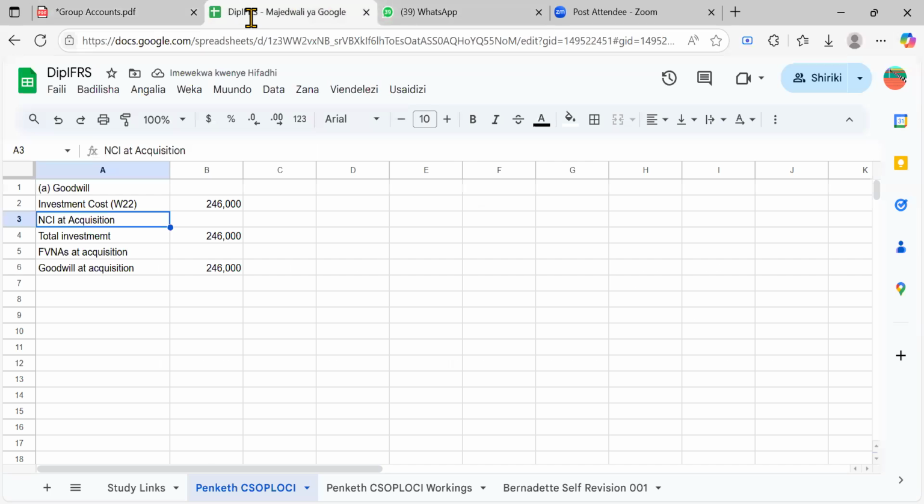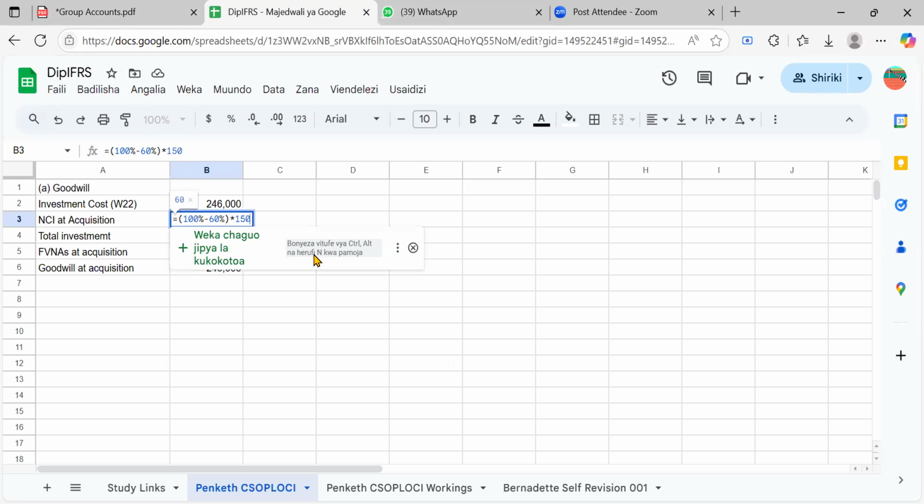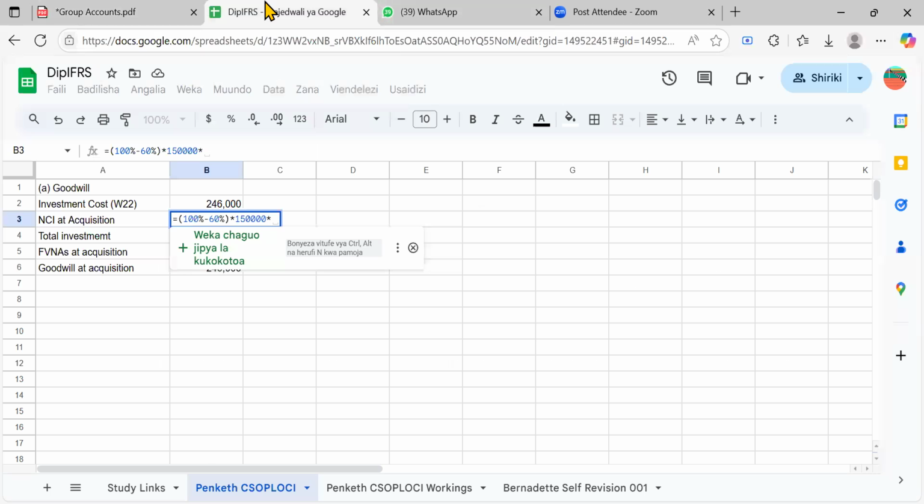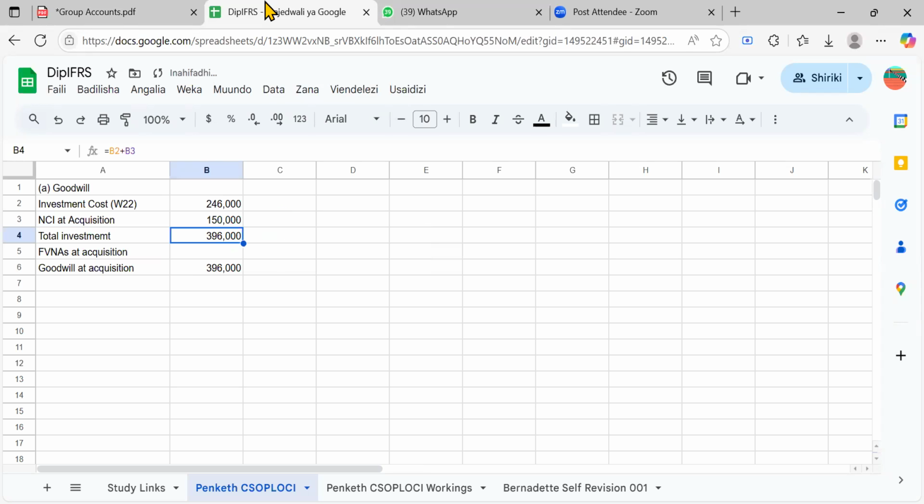Or let's say 100% minus 60%, which is 40% times 150 million. So I'm just writing 150,000 here, and then times the fair value of the shares of the subsidiary, which is how much? $2.5 per share. So times 2.5. Get that right.